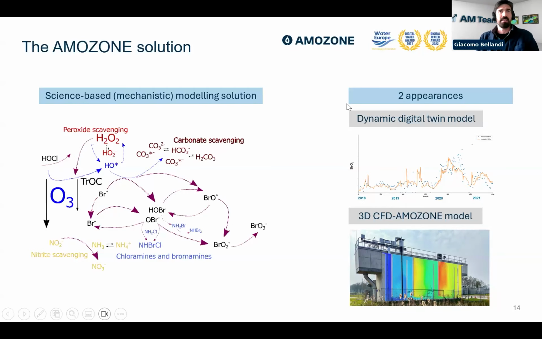You can see the results in a dynamic way. So through a dynamic digital twin model, where you can run long-term dynamic simulations and simulate what happens across the years or in specific seasons where you have water quality changes or operational changes affecting your tertiary or quaternary treatment, or as a design tool or design support tool, where you see in very much detail in 3D what happens in every corner of your ozonation reactor or your peroxone reactor or UV train.